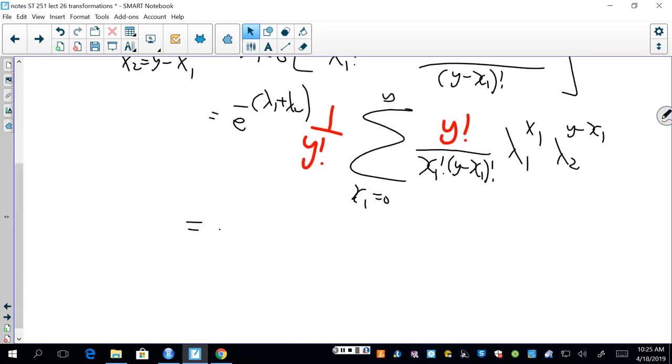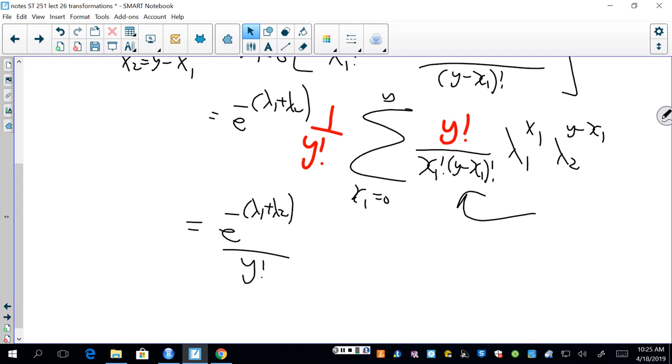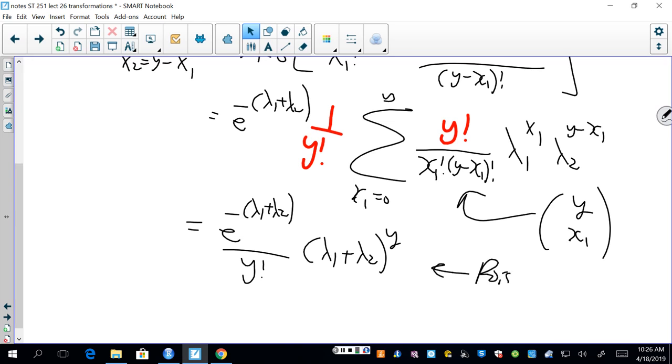So you're going to get e to the negative (lambda 1 plus lambda 2), and there's a y factorial. This whole thing, because there's a lambda 1 to a power and lambda 2 to y minus that power, is y choose x1. It's a binomial coefficient. And so this thing ends up being (lambda 1 plus lambda 2) raised to the y power. And that's a Poisson probability.